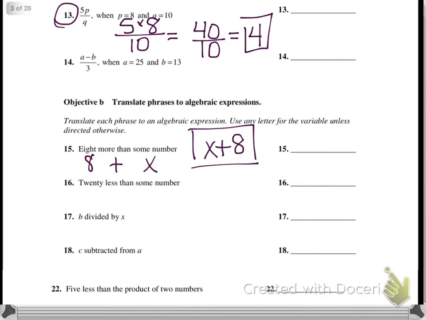20 less than some number. So we have 20, and we have, again, some number. Actually, let's just pick a different variable. How about we'll say a. So 20 less than some number, to me that sounds like we've got the number and we're subtracting 20 from that number.